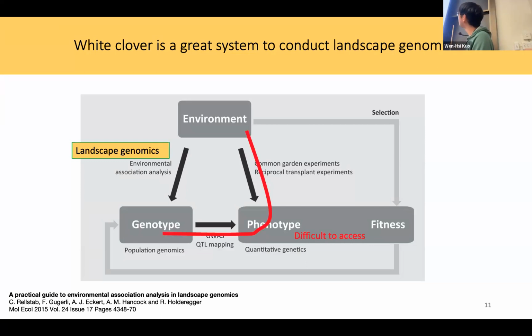The still unexplored relationship here is between environment and genotype, and that's what I am doing in this study. And one good thing is that the result between environment and genotype can be compared to our previous finding.